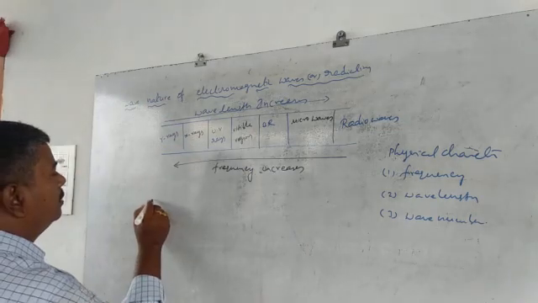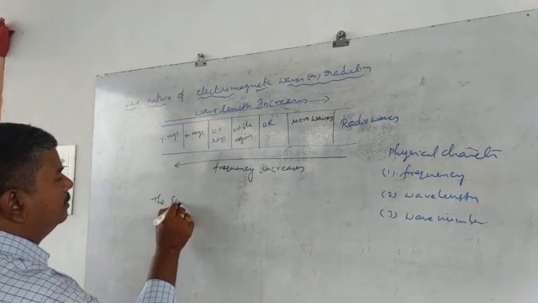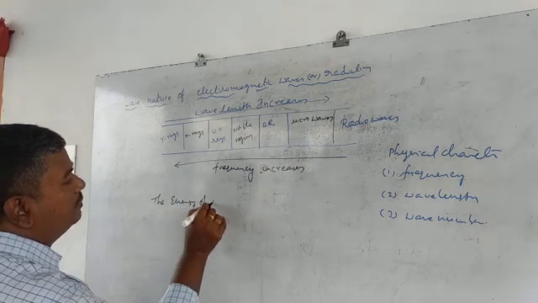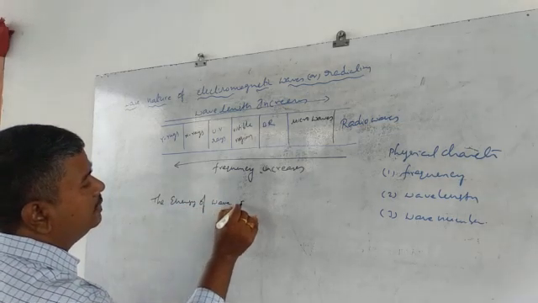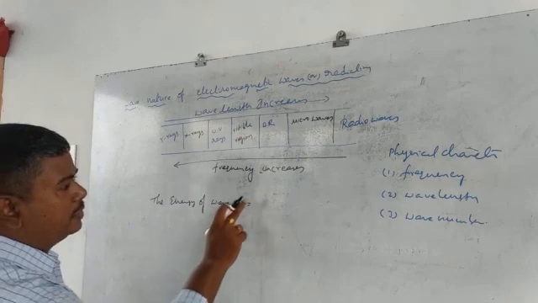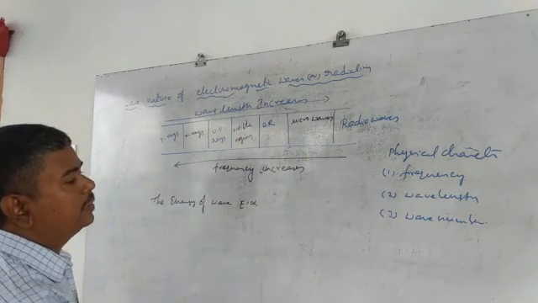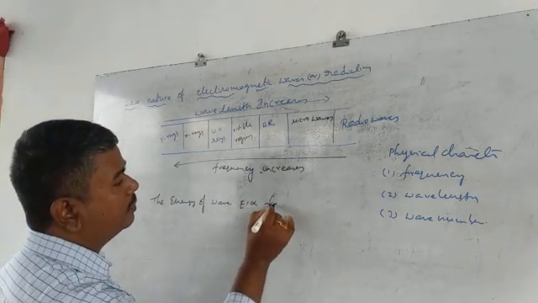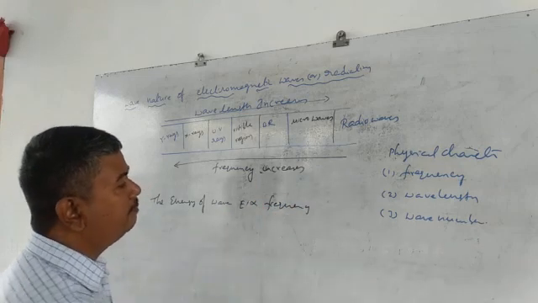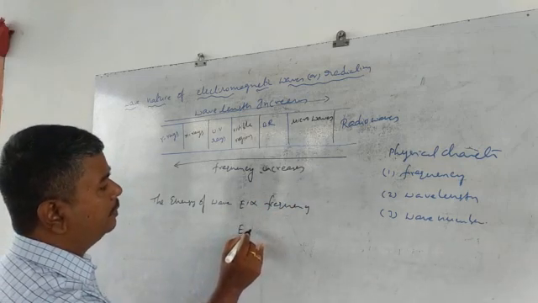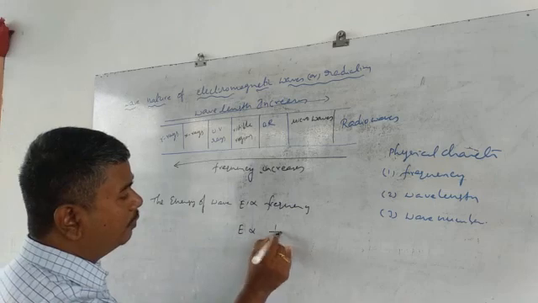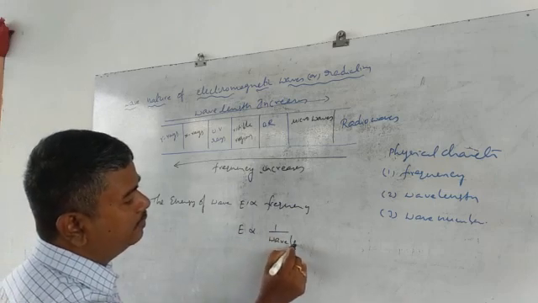That means the energy of the wave E is proportional to frequency, and E is proportional to 1 by wavelength.